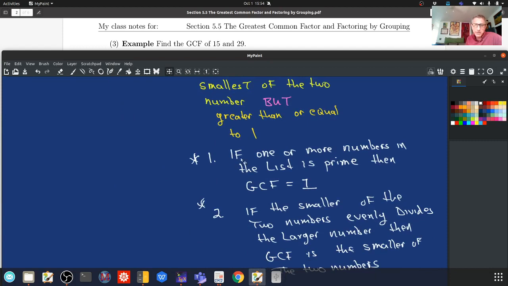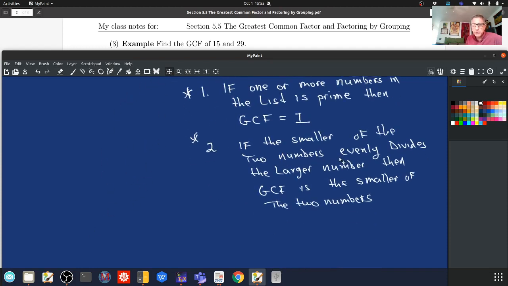We don't have to. If one or more of the numbers in the list is prime, a prime number is a number that is evenly divisible only by 1 and itself, then the GCF is 1. You're done. You cannot get any greater than 1. If the smaller of the two numbers evenly divides the larger number, then the GCF is the smaller of the two numbers.